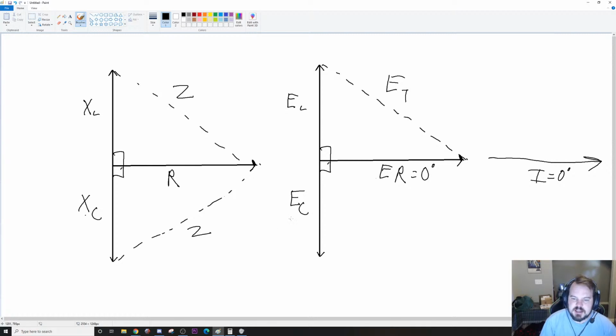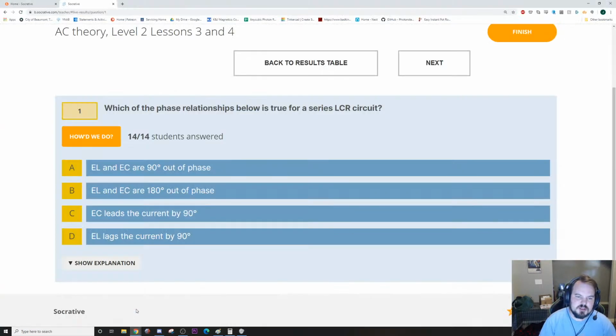So EC is at negative 90 degrees and EL is at 90 degrees. So EL leads current by 90 degrees. EC lags current by 90 degrees, which I believe is the opposite of what this question is. So the only one that is true is B.